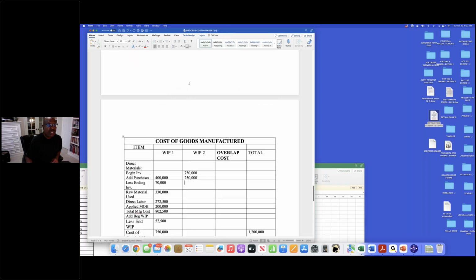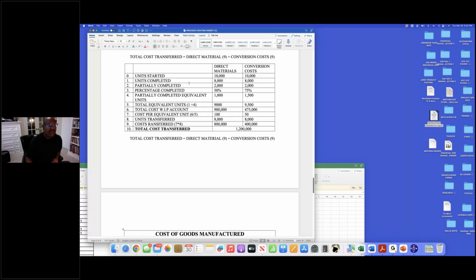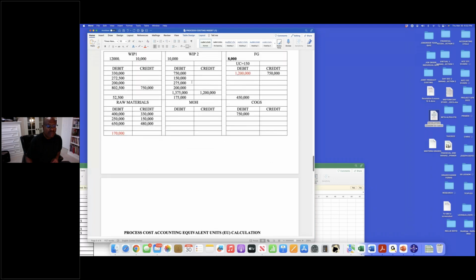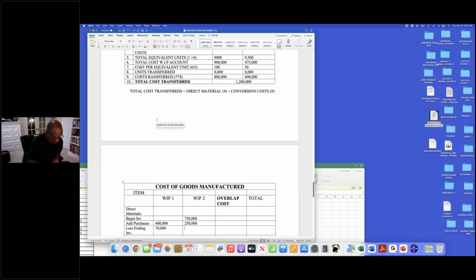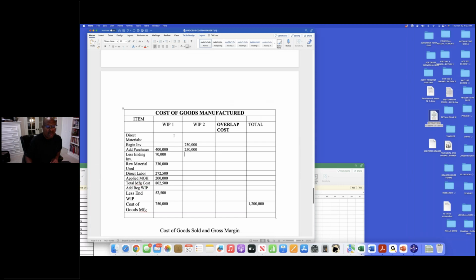How much did we have in that T account? 250 was 100,000. So the raw material used is what? 900,000.